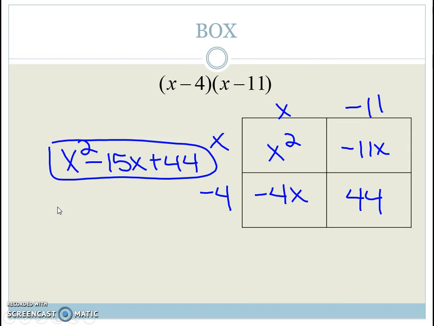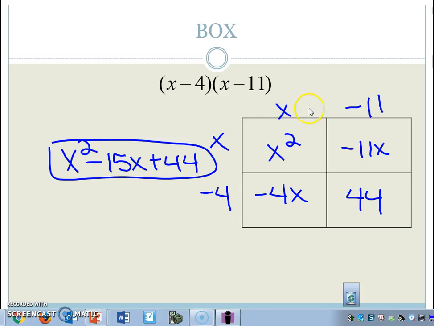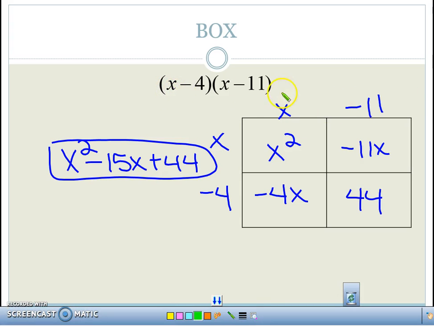Next method is box method. It works for any polynomials. So we're going to look at the same problem. We're going to multiply binomials here. x minus 4 times x minus 11. So you're going to write the first binomial here, x minus 4. Make sure you write minus 4.